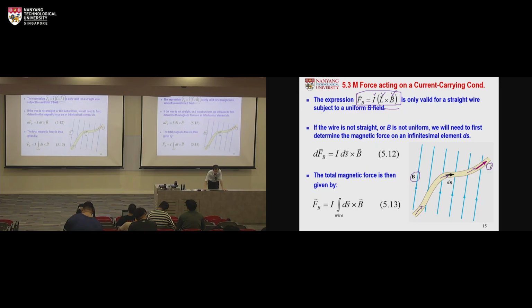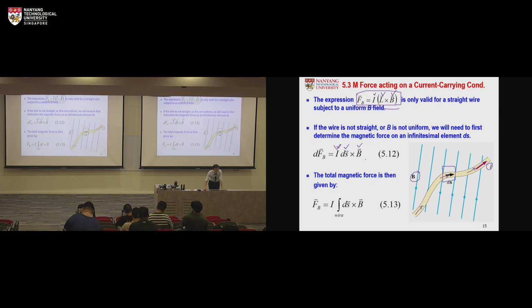But instead, if we only look at this tiny section ds, we make this ds a very small, very short section. Then for only this ds section, we can tell I is uniform, B is uniform, ds is also uniform, right?